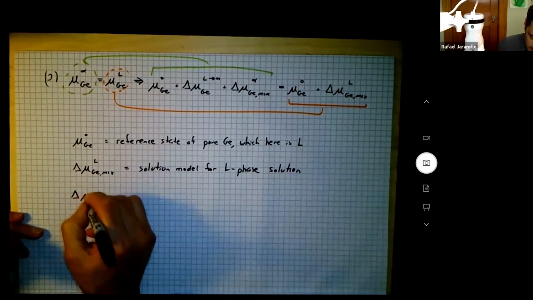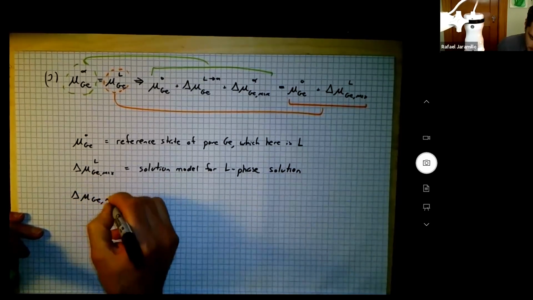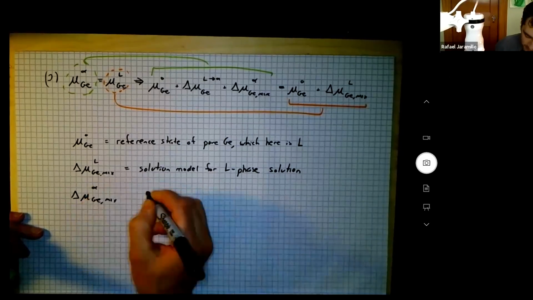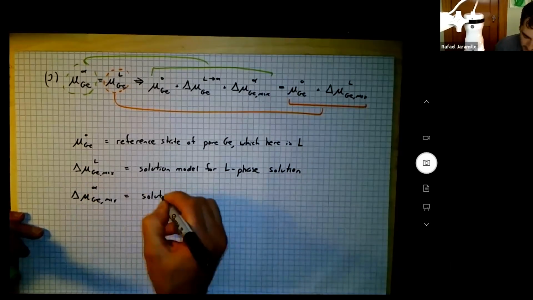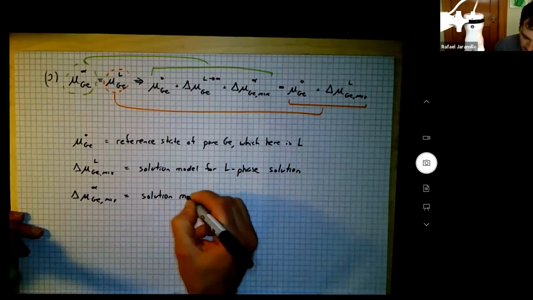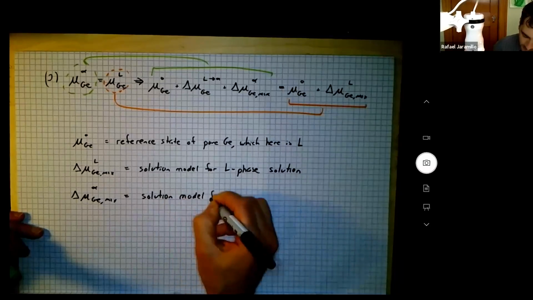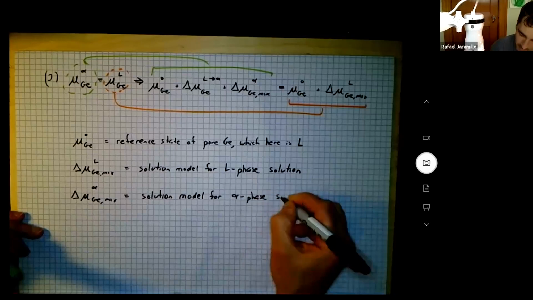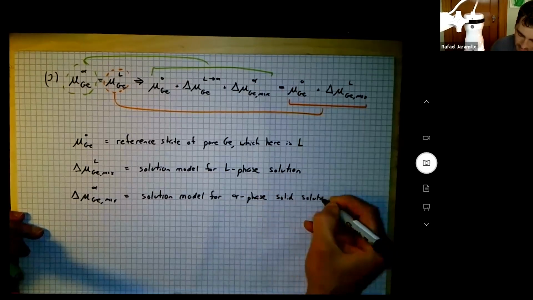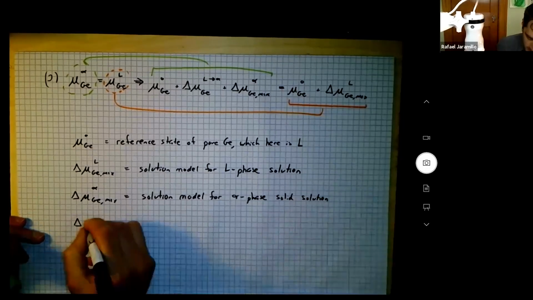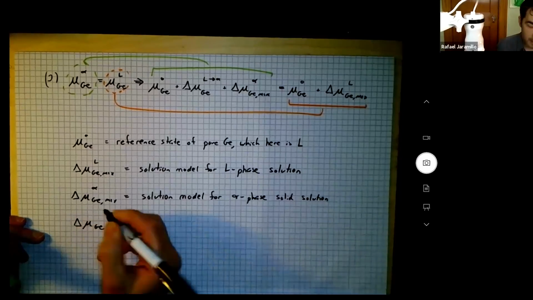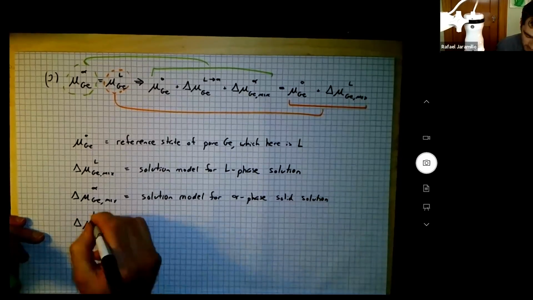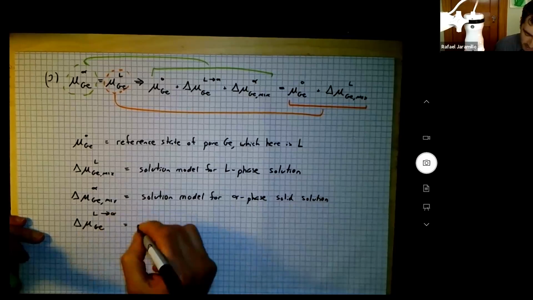Delta mu germanium mix alpha comes from the solution model for alpha phase solid solution. And delta mu germanium liquid to alpha is a reference state change.